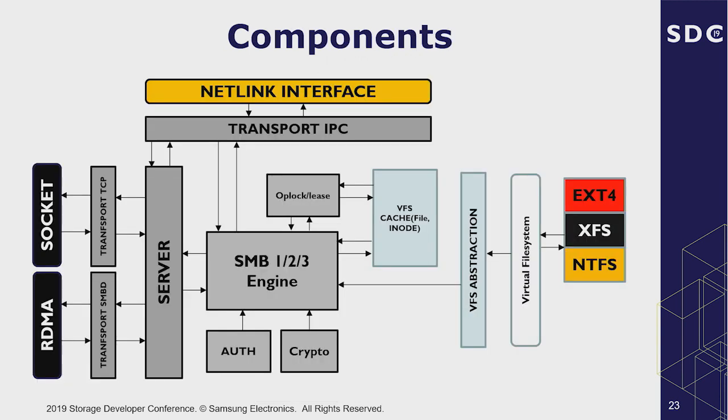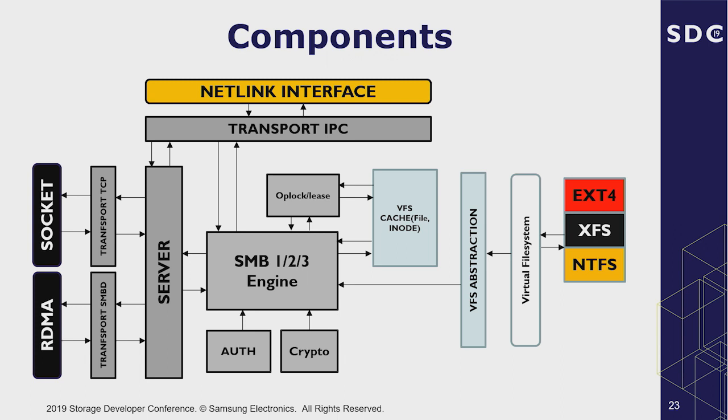The slide shows the entire CIFSD component. Transport IPC is a component for communicating with the user space CIFSD using the NetLink interface. The server component is the core part that handles request and response, and CIFSD server initialization and release.